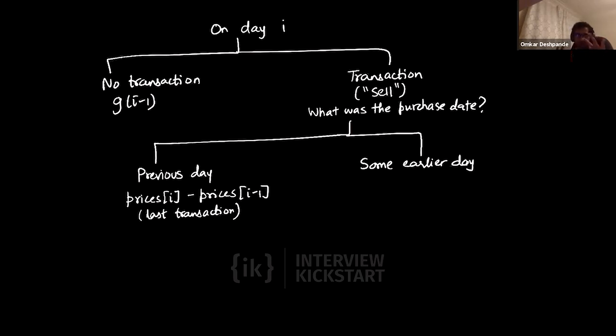Right? We need at least a 2-day gap between a sell event and the next buy event. So if the buy event happened on day I minus 1, any prior transaction to it would have ended at index I minus 3. So what we would want information on is, what is the solution to the subproblem ending at index I minus 3.